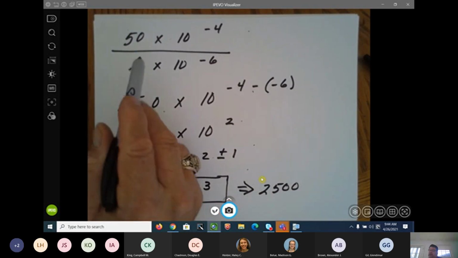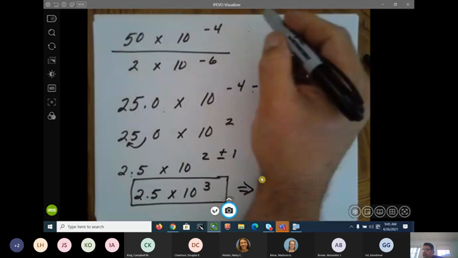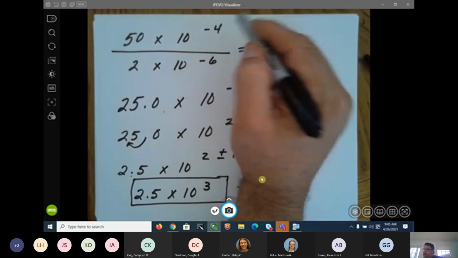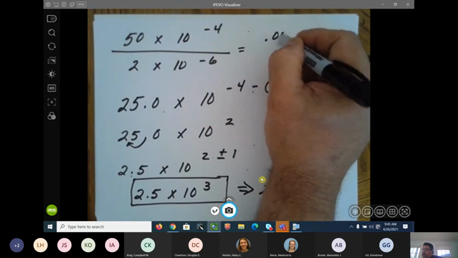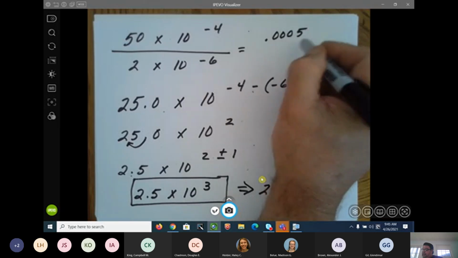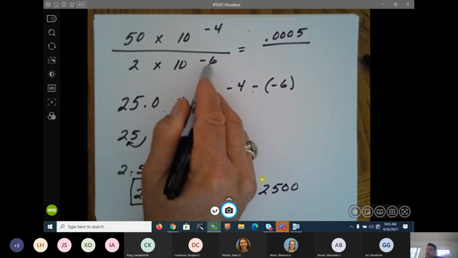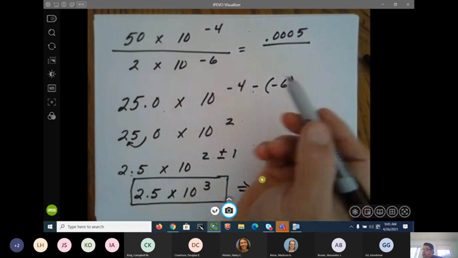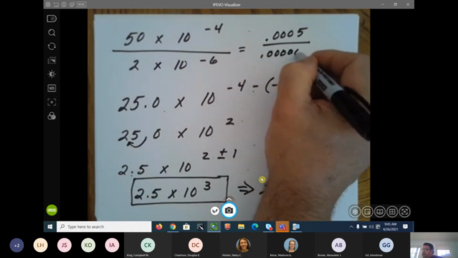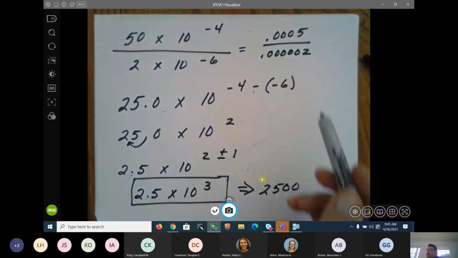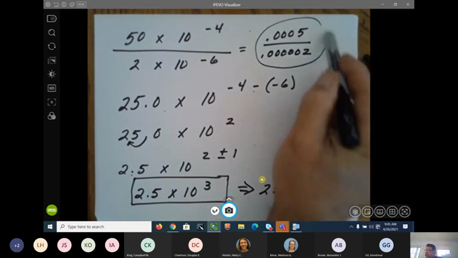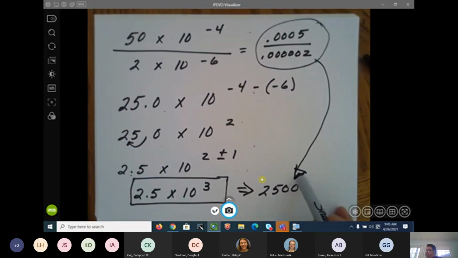So let's see what you actually did. You actually took 0.0005, that's 3 zeros, and divided by 0.000002, that's 5 zeros. That's what you actually did, 2,500.